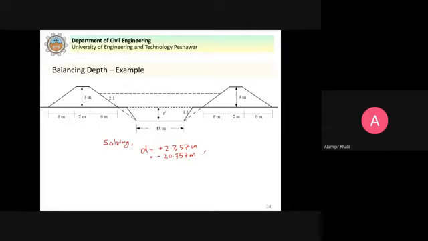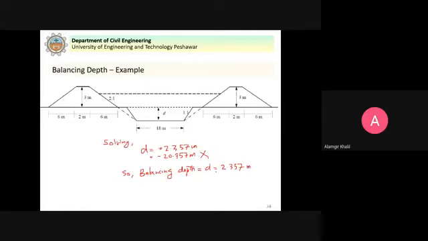Since negative depth is not possible, the balancing depth D is equal to 2.357 meter.